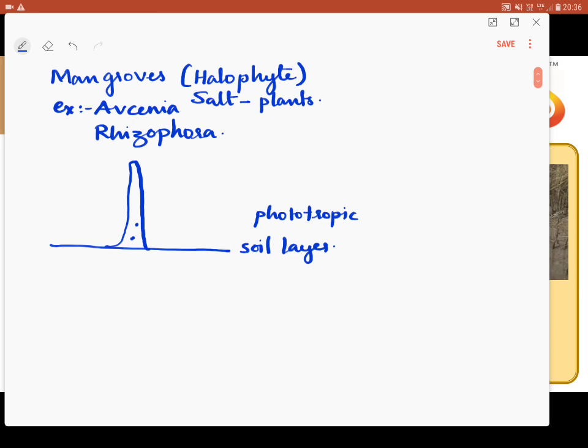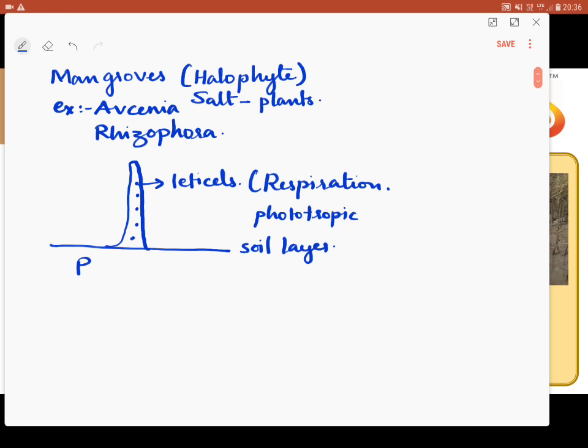And these roots have small pores within them. These pores are called lenticels. These lenticels help in respiration, and hence these roots are called pneumatophores or respiratory roots.